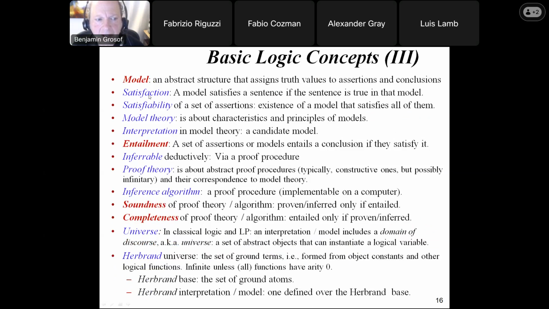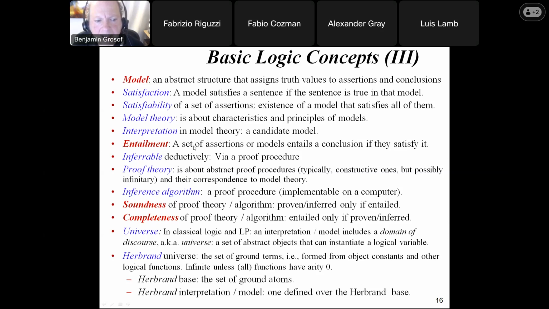And there's a cluster of things that are used to define model associated with it, such as a model satisfying a sentence. If the sentence is true there, that's called satisfaction. Satisfiability of a set of assertions. Model theory is about the characteristics and principles of models. And an interpretation in model theory means a candidate model that is being considered for whether it does satisfy sentences, etc.